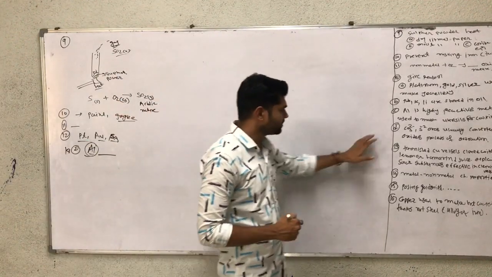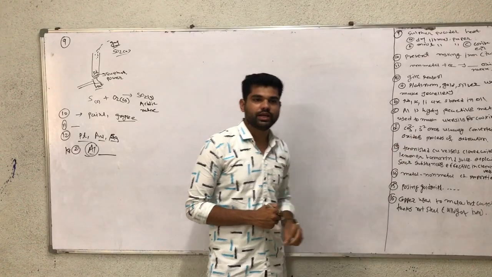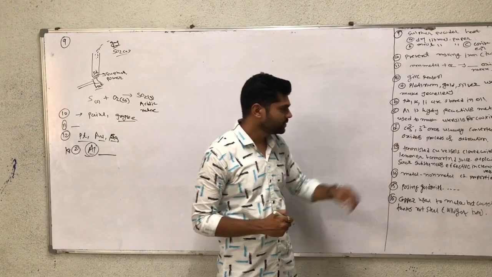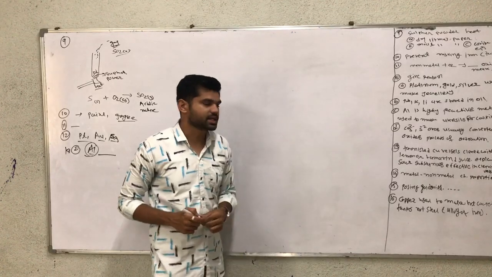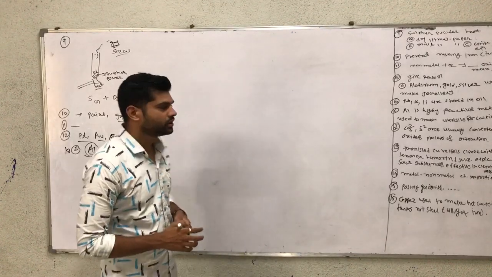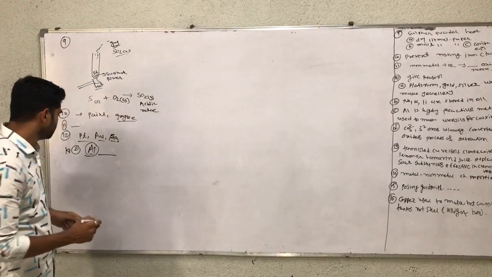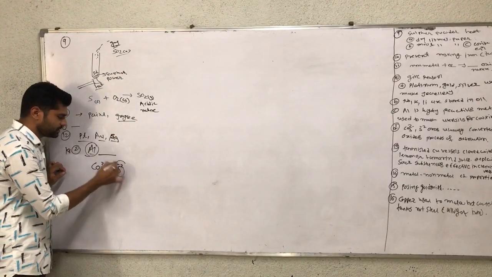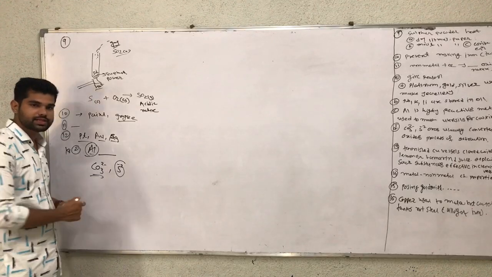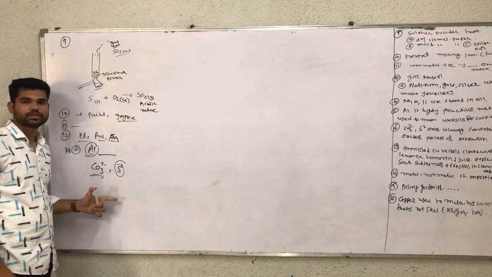Now the fourth statement: carbonates and sulfides are usually converted into oxides in the process of extraction of metals. There are two types of impurity, CO3 2- and S 2-. CO3 means carbonate and S 2- means sulfide.